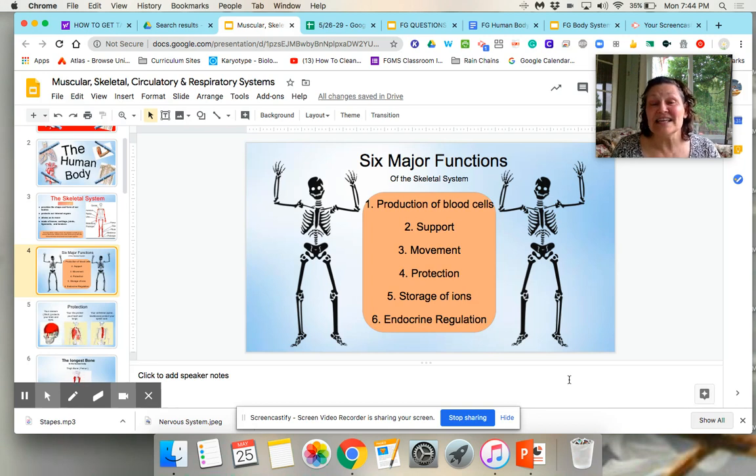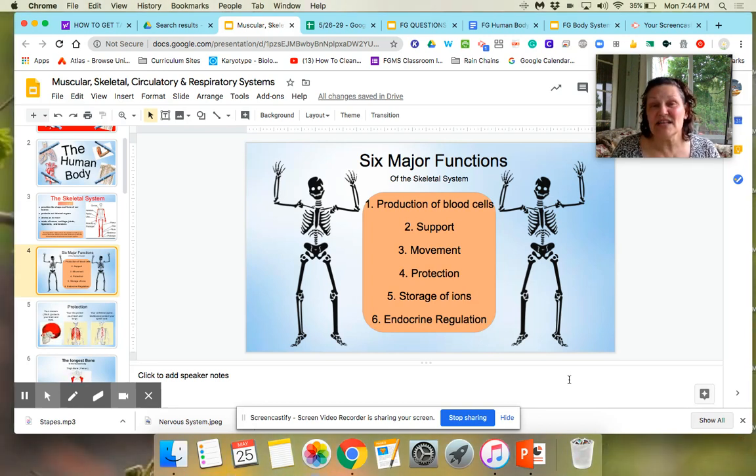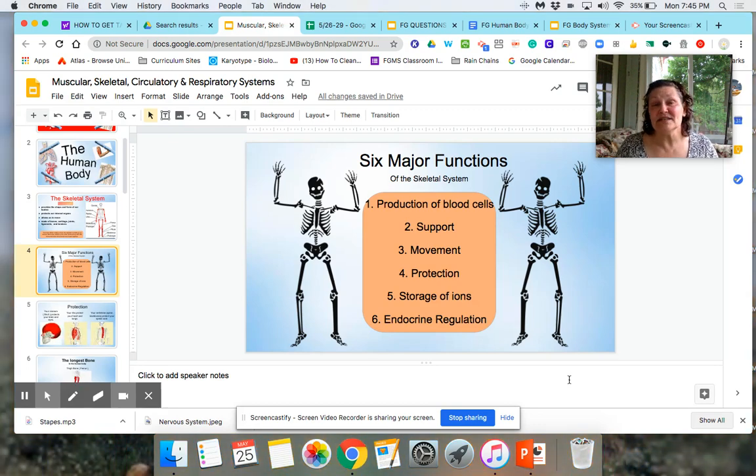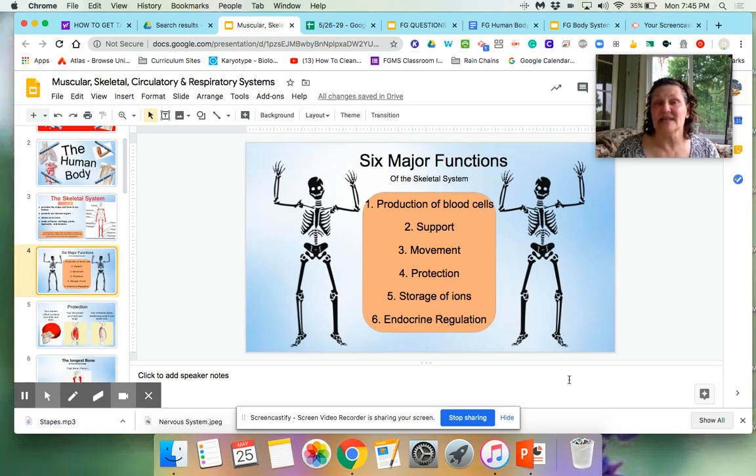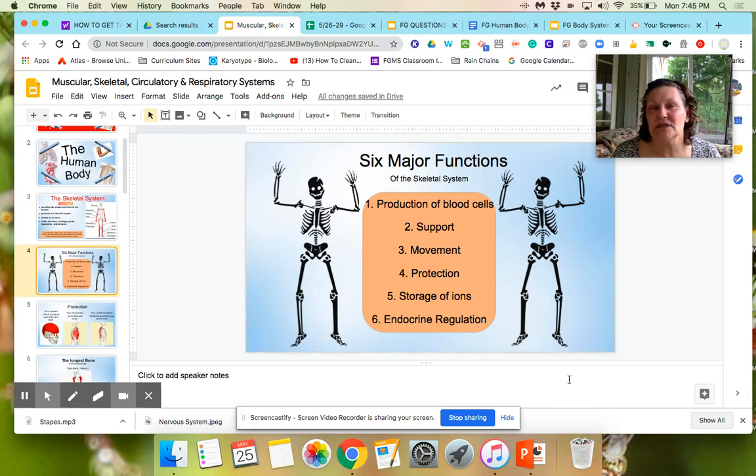And then the last thing is endocrine regulation. So endocrine has to do with hormones. Now, it's funny because everybody always thinks of bones as being like the support system, right? And until relatively recently, we didn't know that bones had any kind of endocrine regulation at all. And one of the things that it does regulate is it can have a role in glucose intolerance.